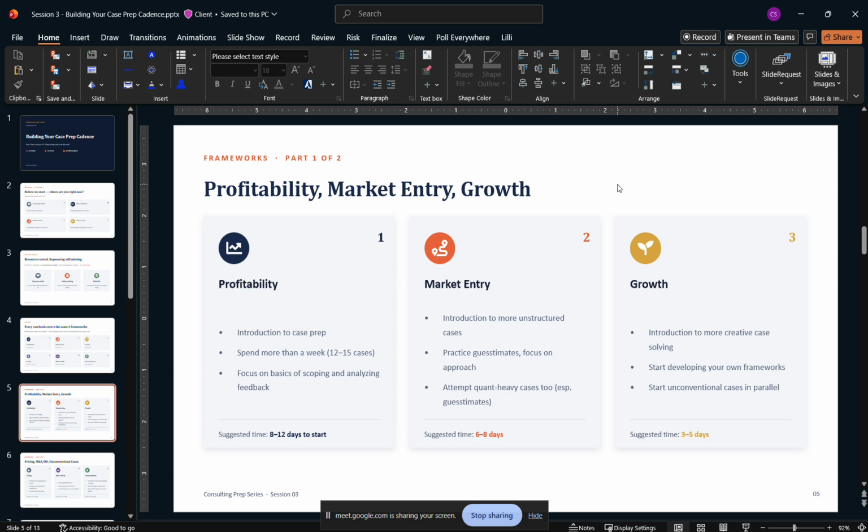If you have time, do read the frameworks, do try out some cases. But if you're short on time, prioritize profitability, market entry, and unconventional at an undergrad level. At an MBA or a postgrad level, you have to go through all of them, because there you can be asked anything and everything.